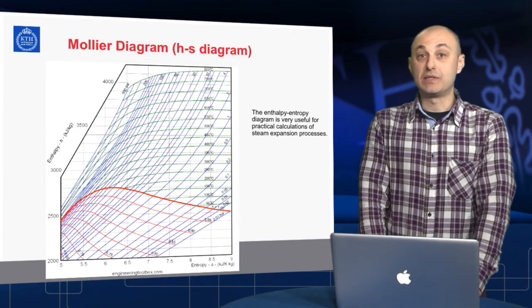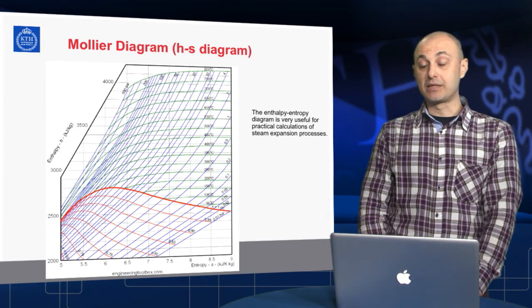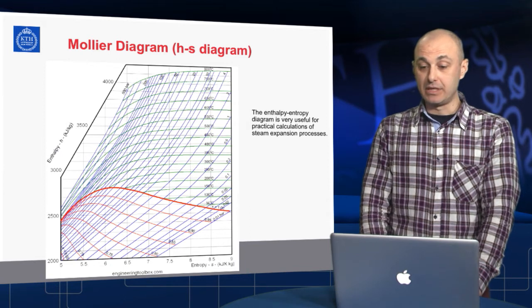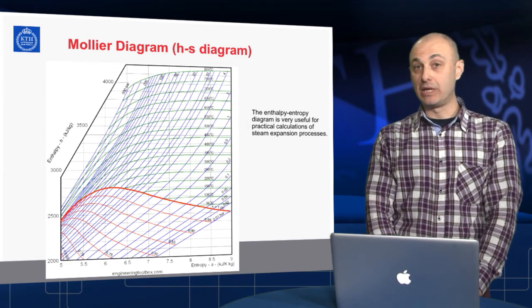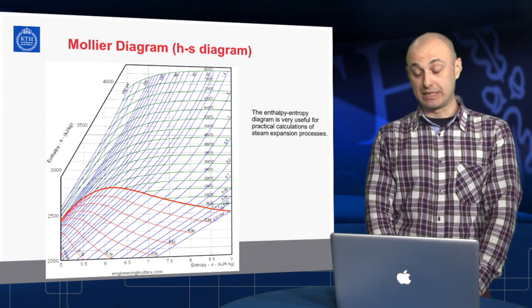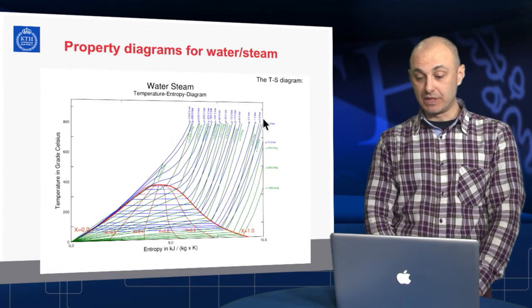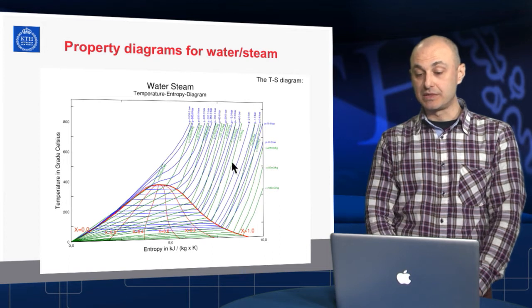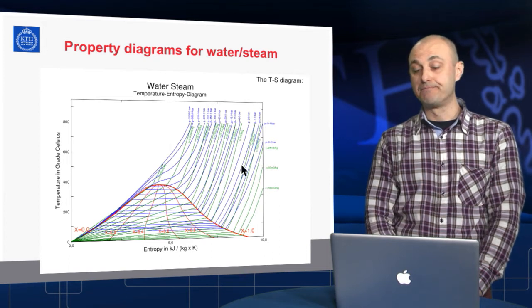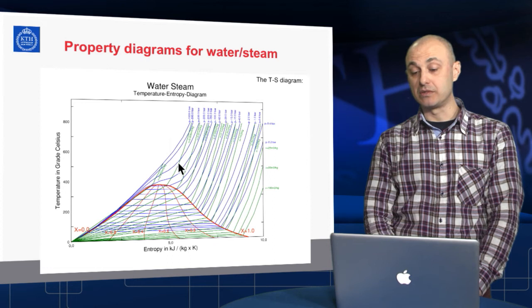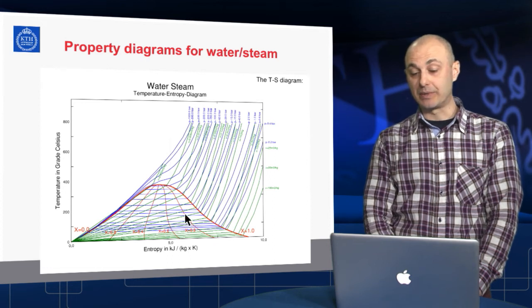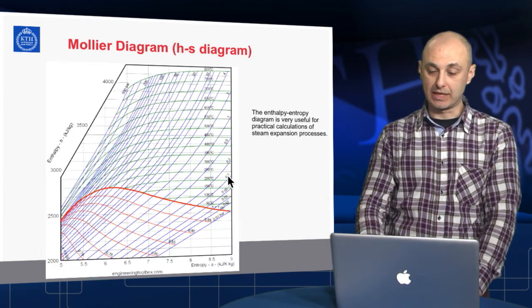Representing practically steam cycles, we would rather like to work with another diagram. It is often referred to as the Mollier diagram. It also has other names, but the best with it is that, first of all, it zooms into this zone here. This area is most interesting for the practical calculation of steam expansion in the steam cycle.